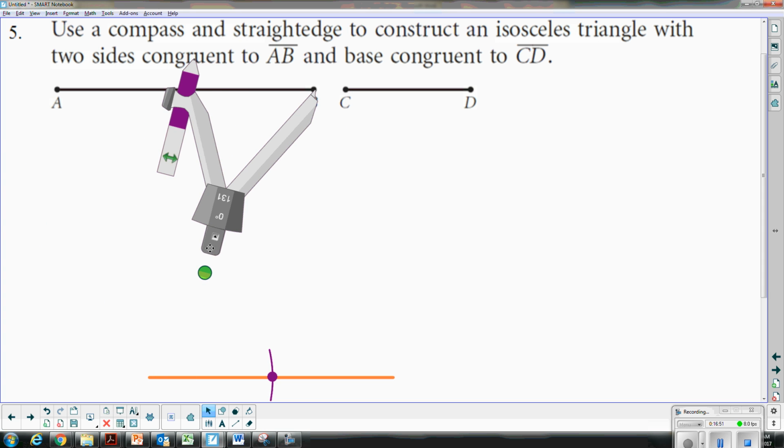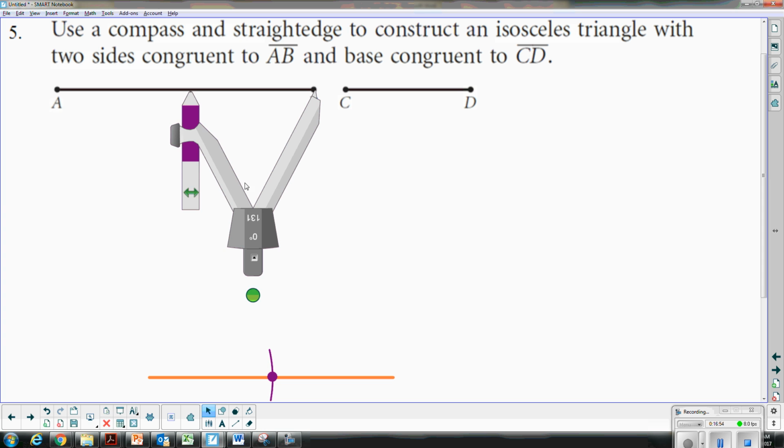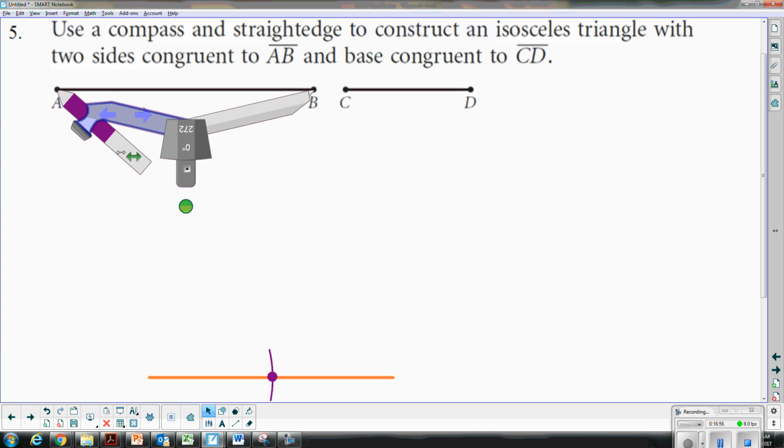So I'm going to measure AB, and it's just about the width of my compass. Okay, now I want to use this twice.